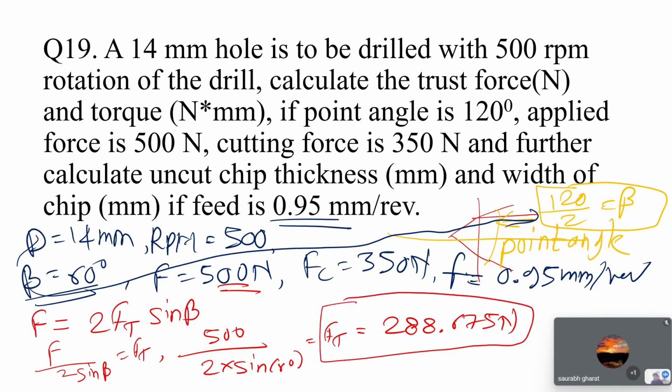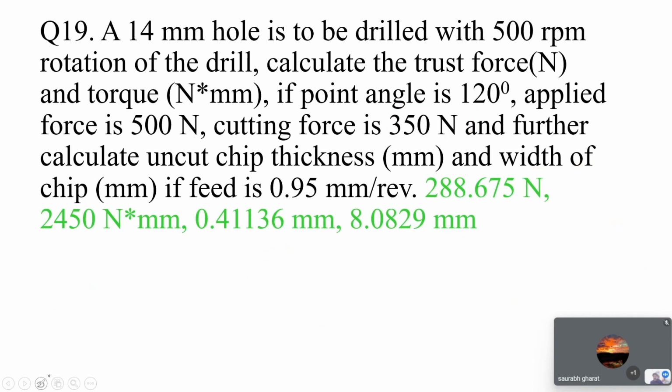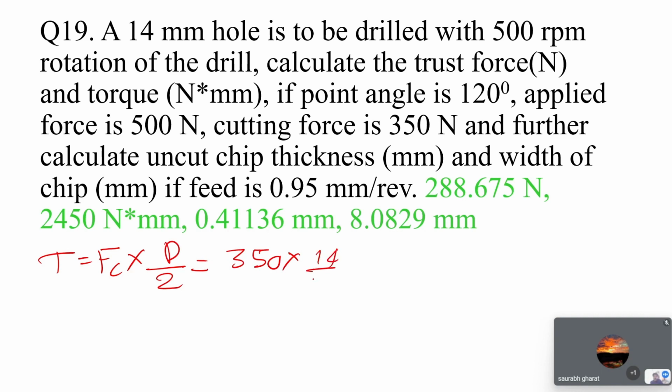Now we want Fc, the cutting force, but the cutting force is also given. Fc is given to you, so you have to find out the torque now in Newton millimeter. What is the formula for torque? It is very simple: Fc into d by 2. Fc is 15 into d by 2, 40 by 2 is 20.